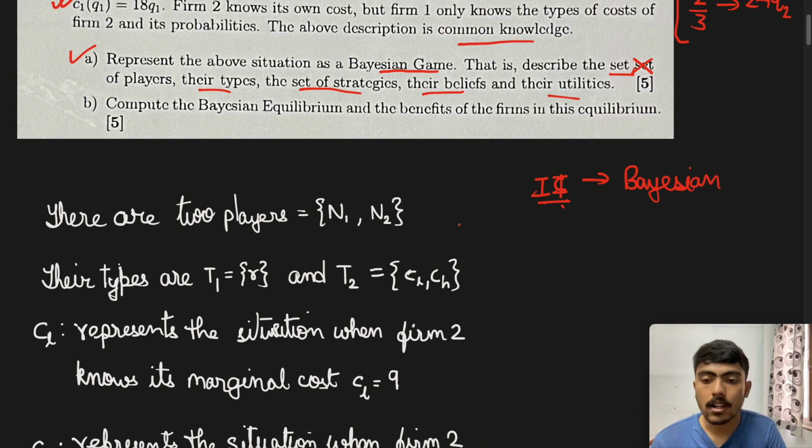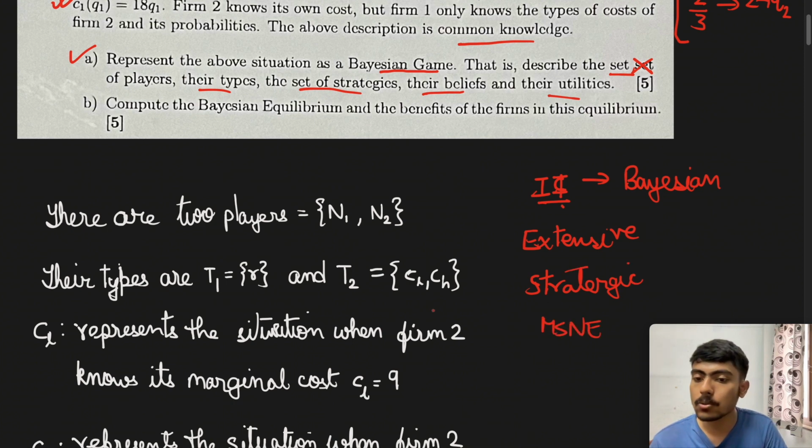If it had been a complete information game, then we could use extensive form games when sequential games are involved, or strategic form games, or mixed strategy Nash equilibrium. All these we can use when we have complete information about a particular event, right?